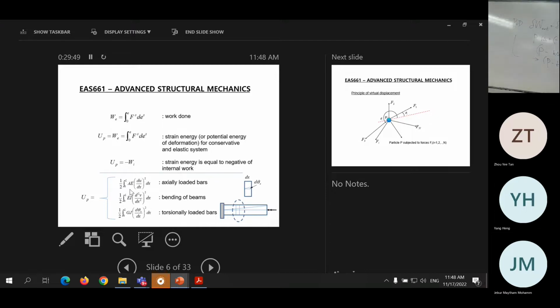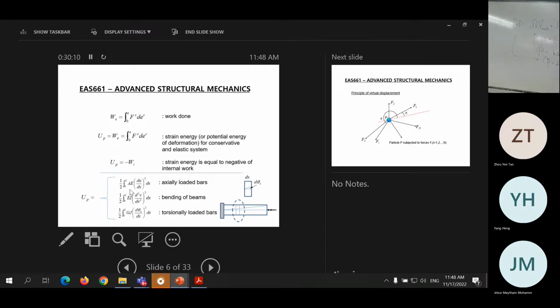And theta is the angle of twist, as shown in that diagram. These are the equations that you need to know, which will be applied later in the energy method to solve problems.